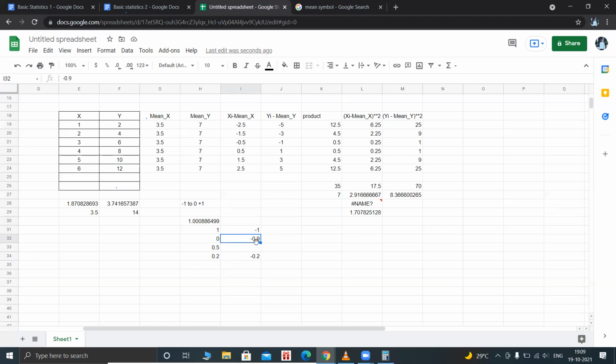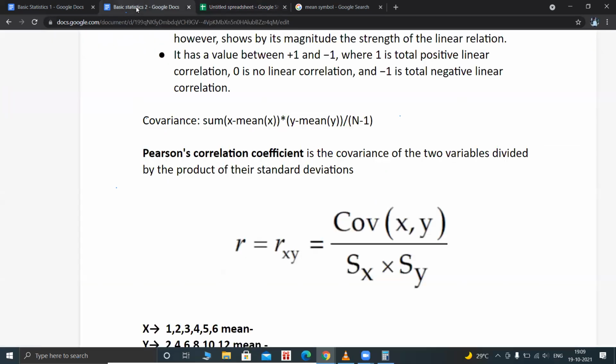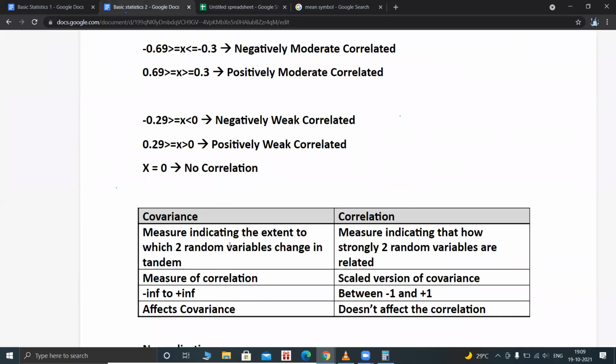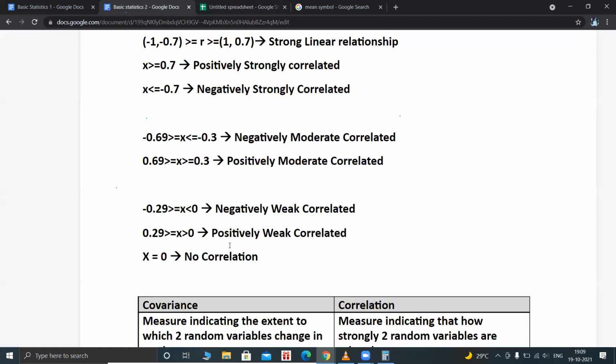So if it is minus 0.8 also, strongly negatively correlated. That is exactly the map here, right?